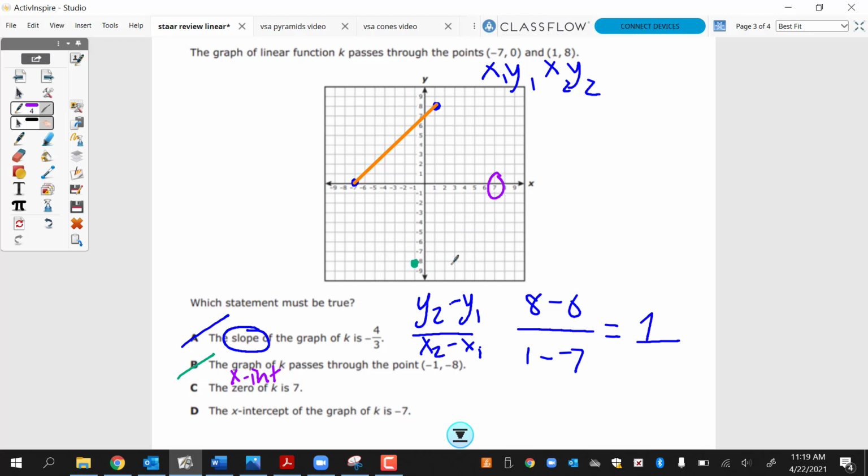That's over here. Does it cross over there? No. Cross it off. Last answer choice, the x-intercept of the graph is -7. Yes, that is where it crosses. So that is the answer. Okay? Easy. Whatever it's talking about, you have to figure out what it really is. Does it match what it said?